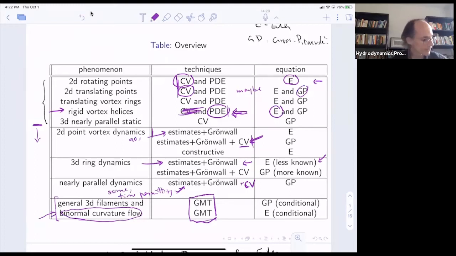These two are harder. For Euler, all of these are well-known and difficult problems. So you shouldn't expect to be able to just sit down and prove the theorems.